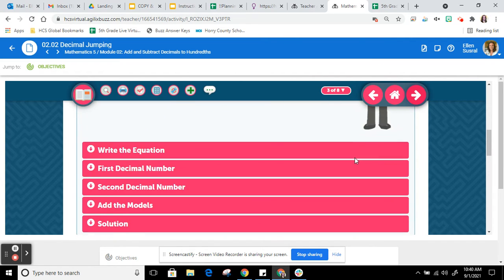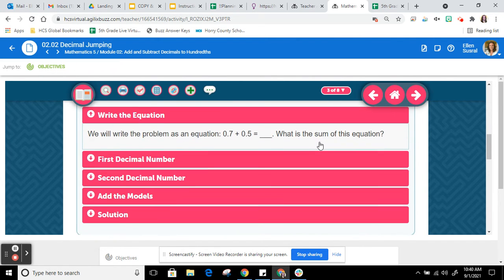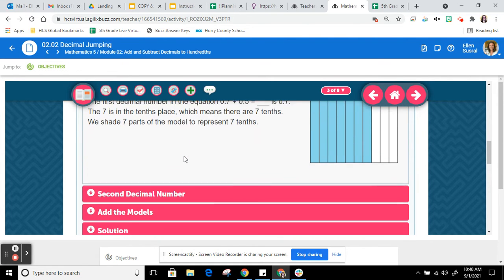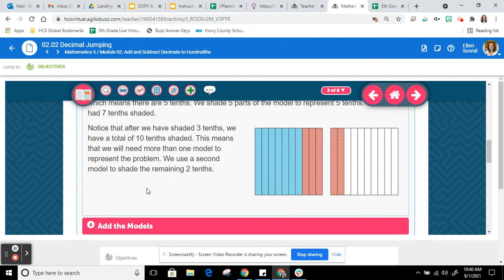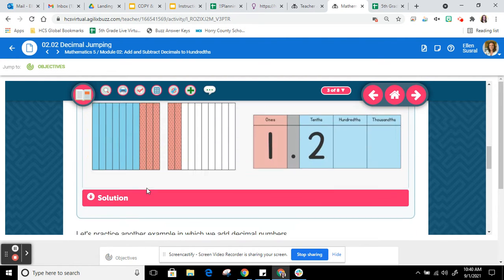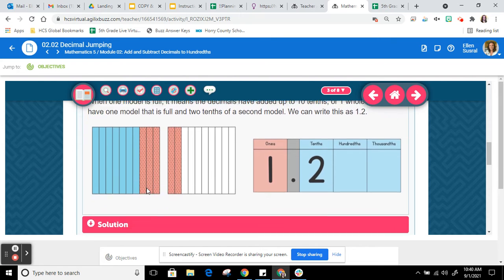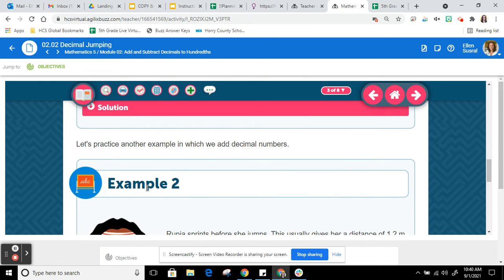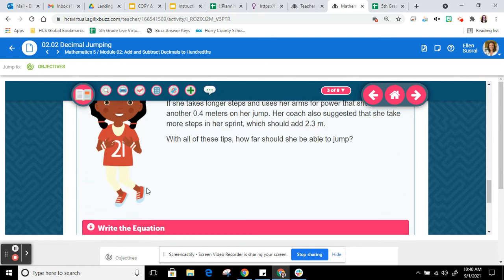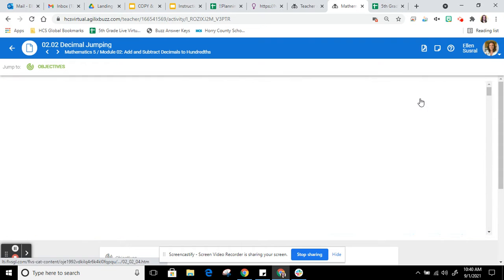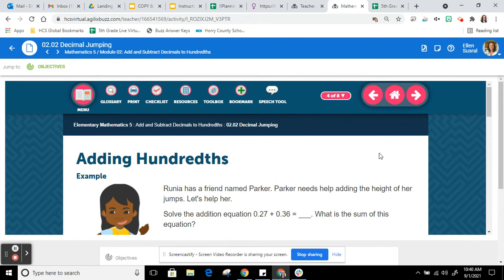Here's another example, and step by step, it tells you what to do and shows you how to complete these types of addition and subtraction problems using models. On your worksheet assignment, you're going to have to use the models to show your work. There's even a second example. So there are multiple examples throughout.